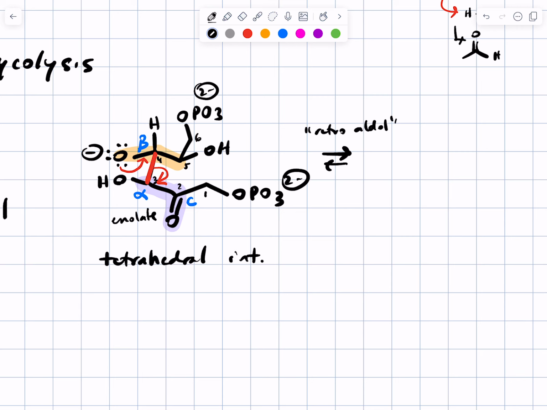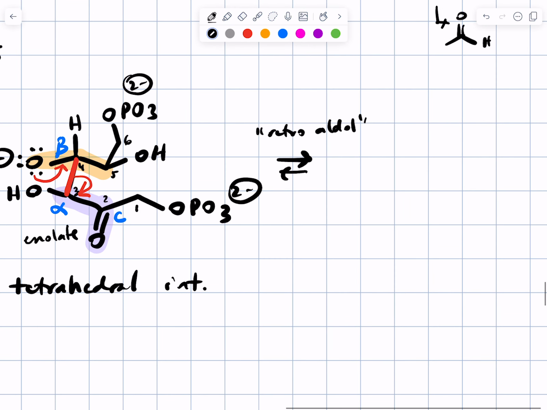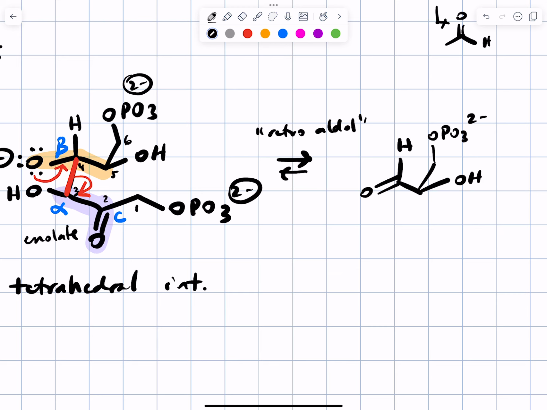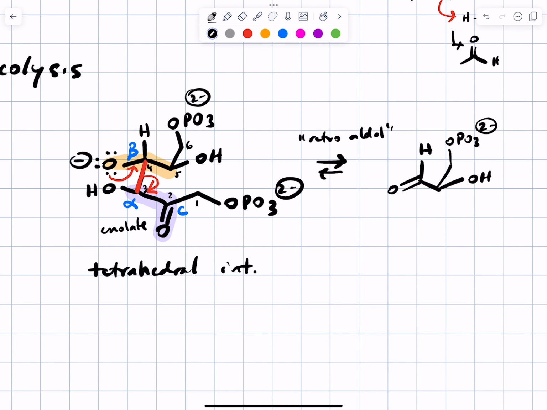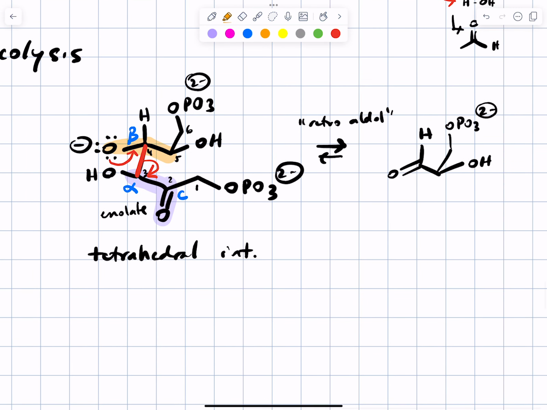There's some things we could draw after that, but I don't think we will. I think we'll have made the point. This is the orange portion of our molecule, and then here we should be left with the enolate.